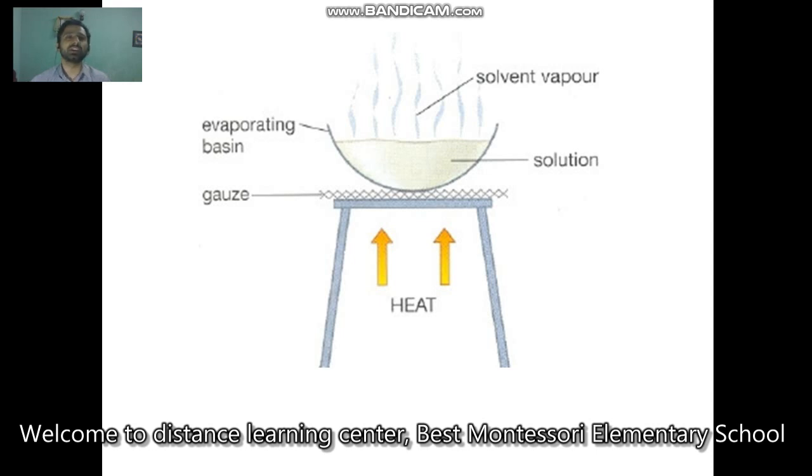We take an evaporating basin and we give heat. When we give heat, the liquid present there evaporates, it changes into vapor, and we continue giving heat until we obtain a residue of solid particles. This process is very commonly used for obtaining salt from seawater or lake water.